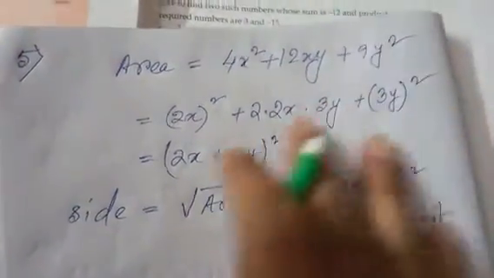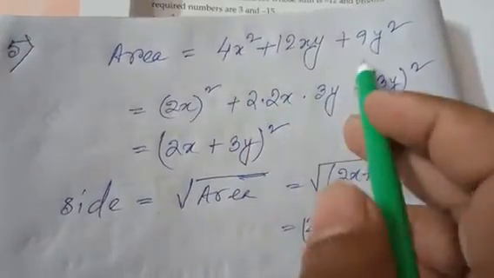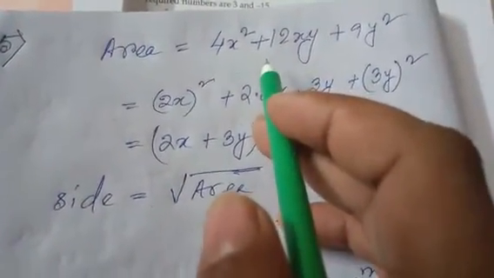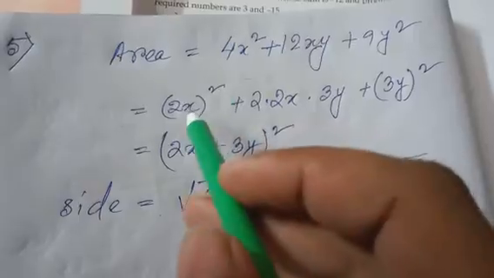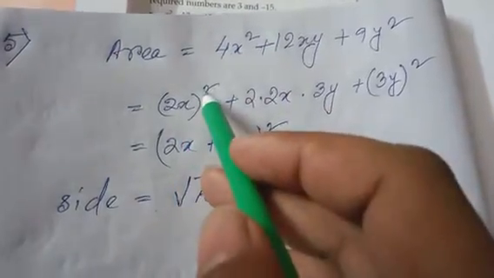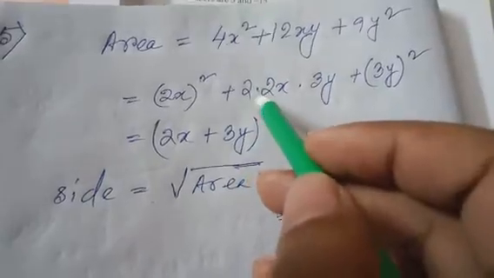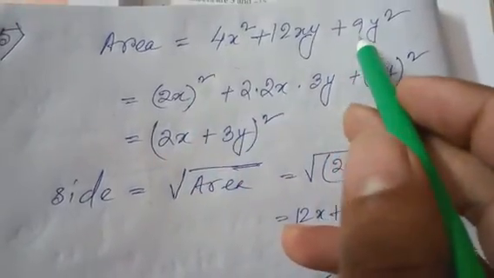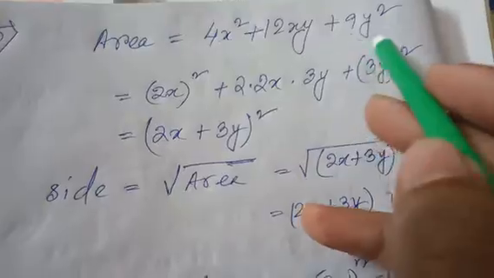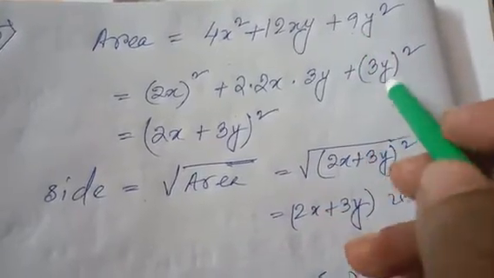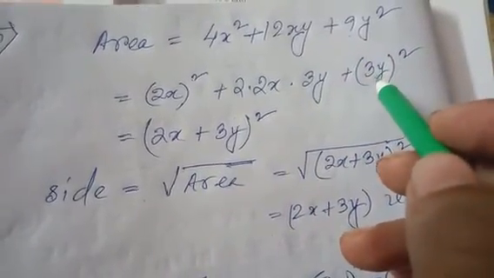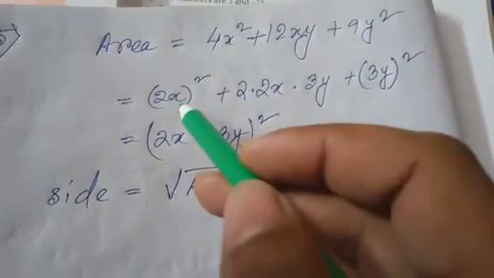Here number 5, area of square is this. Now we factorize this: 4x square is 2x whole square, 12xy, rewrite this as 2ab, a for 2x and b for 3y. We got from 9y square, 3y whole square, so b is 3y and a is 2x.